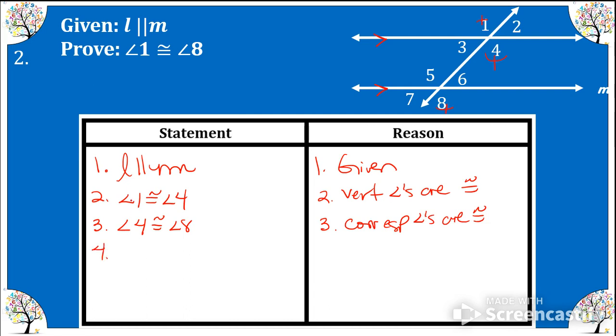And then, since 1 is congruent to 4 and 4 is congruent to 8, I can conclude that angle 1 is congruent to angle 8, and that's what we wanted to prove, by the transitive property.